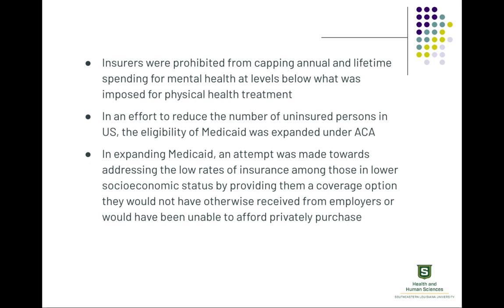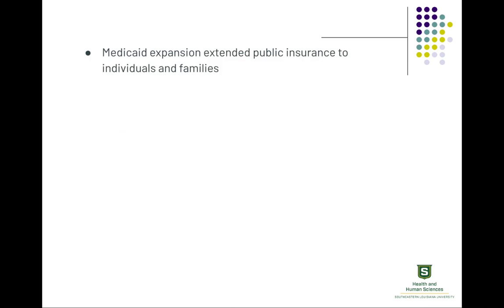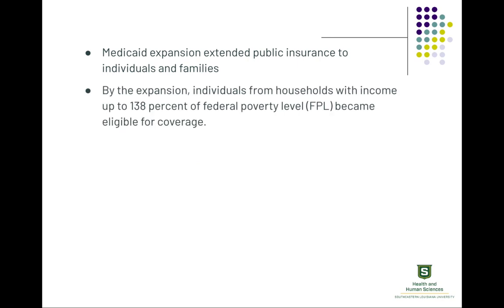It did this by expanding eligibility, and this also went to individuals and to families. One of the things that happened with the expansion was increasing the federal poverty level at which a person becomes eligible for coverage under Medicaid.